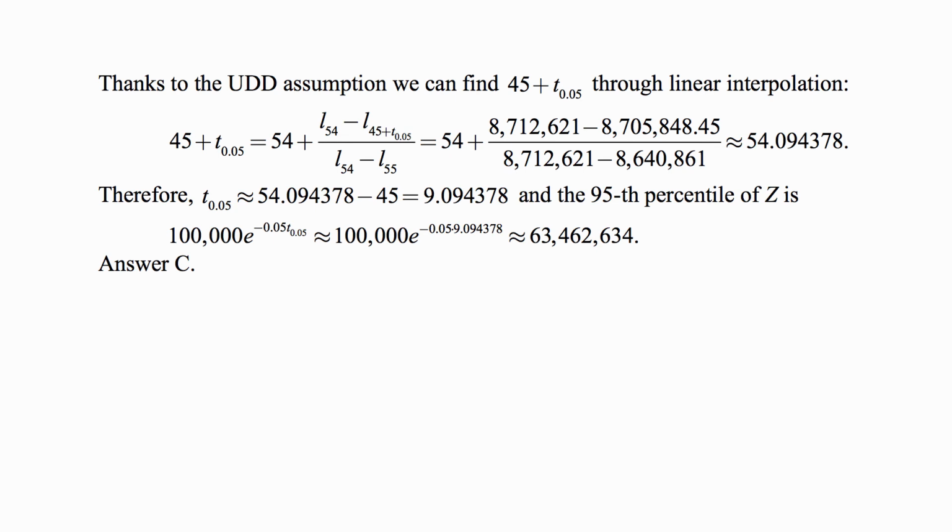Now the first 0.05 is the force of interest. The second subscript 0.05 corresponds to the probability of 0.05. Then we plug in that quantile T sub 0.05, which we just figured out to be 9.094378, and we do the calculation, and we get 63,462.634, and that's answer C.